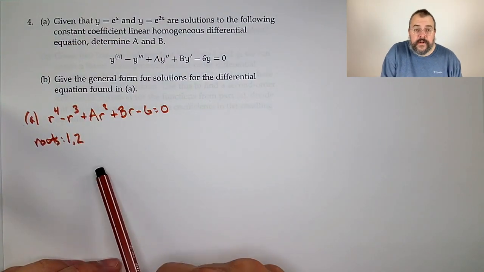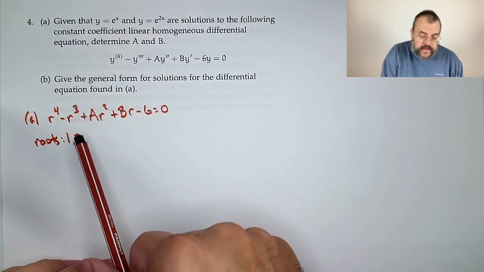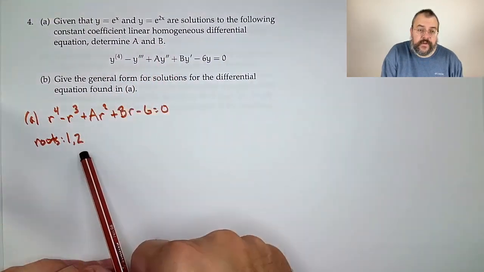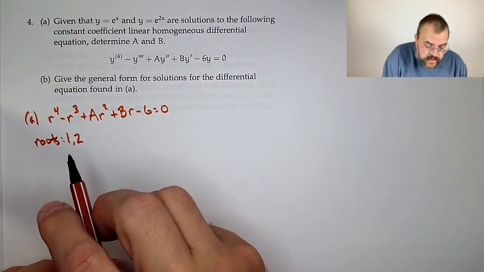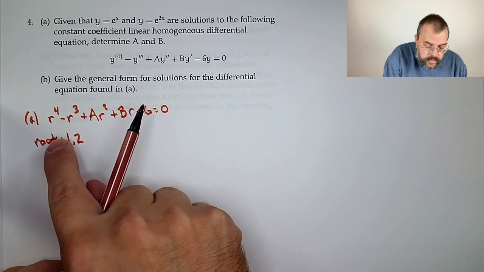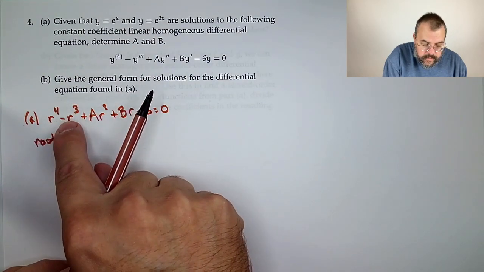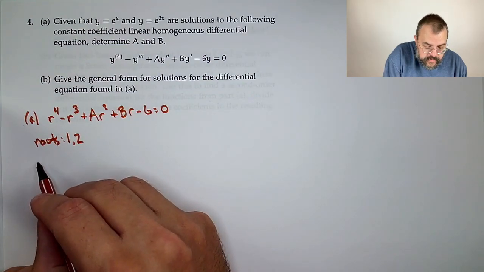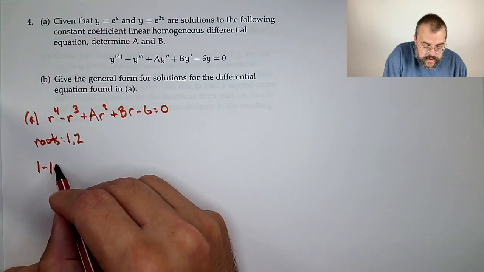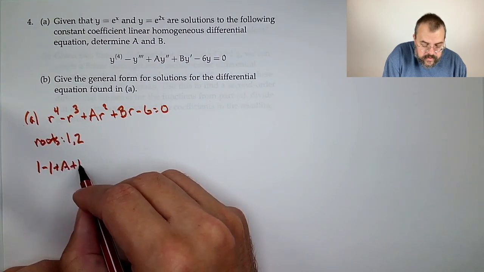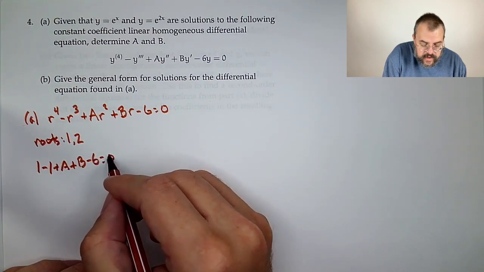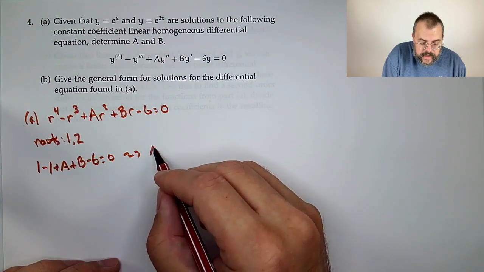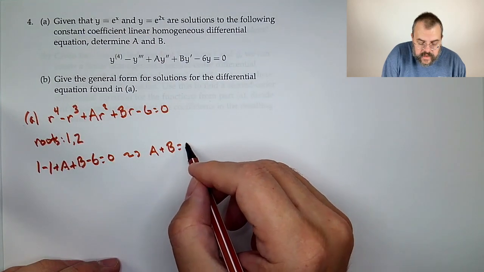Now, how do we know it has roots 1 and 2? Well, e to the x corresponds to a root of 1. E to the 2x corresponds to a root of 2. So, when we plug in 1, we get 1 minus 1 plus a plus b minus 6 equals 0, which really tells us that a plus b equals 6.